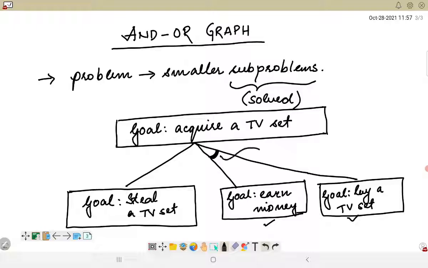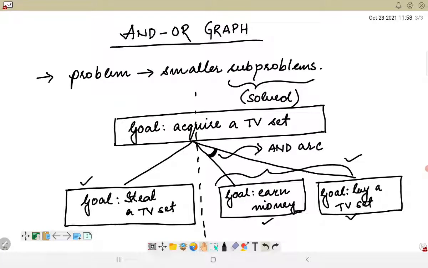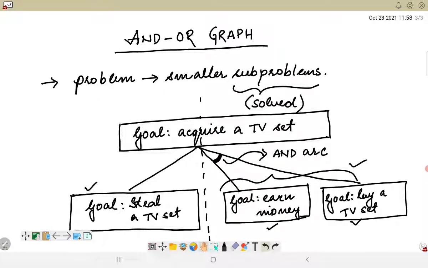So this is an AND arc, and it is represented using this symbol. However, since this is also a solution, and both of these can also be a solution, here I can consider that the OR arc or the OR representation is somewhere here.